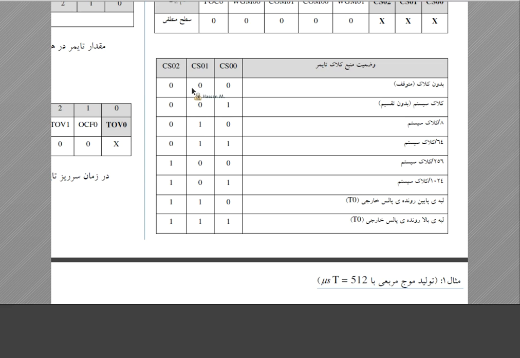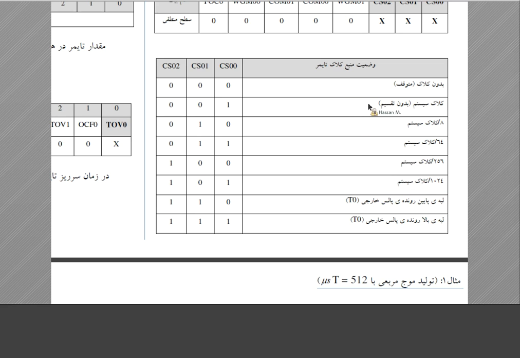These items from 0 to 5: 0 for clock select means the timer is stopped. 1 means the clock itself, without division. Then clock divided by 8, clock divided by 64, clock divided by 256, and clock divided by 1024.